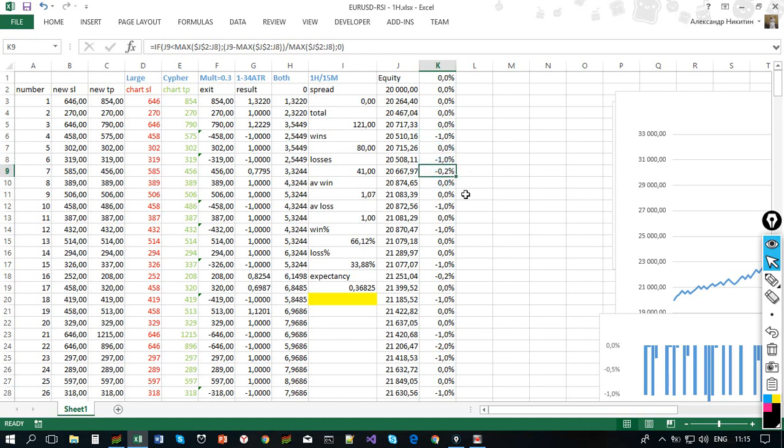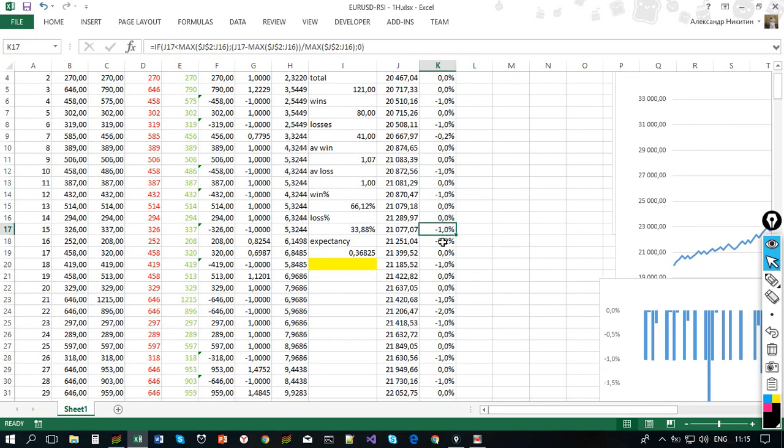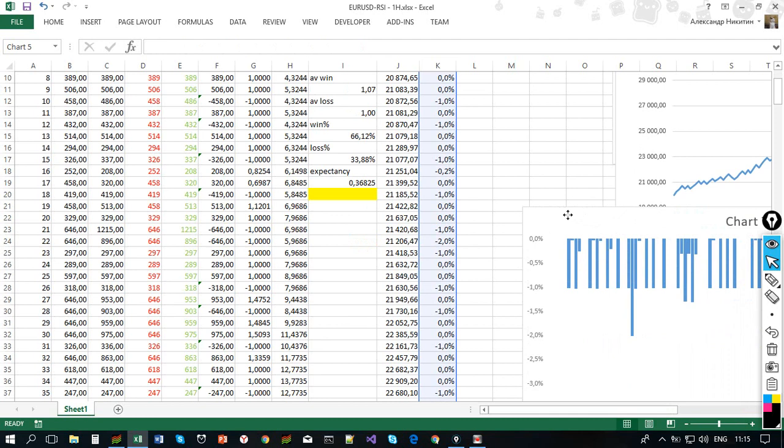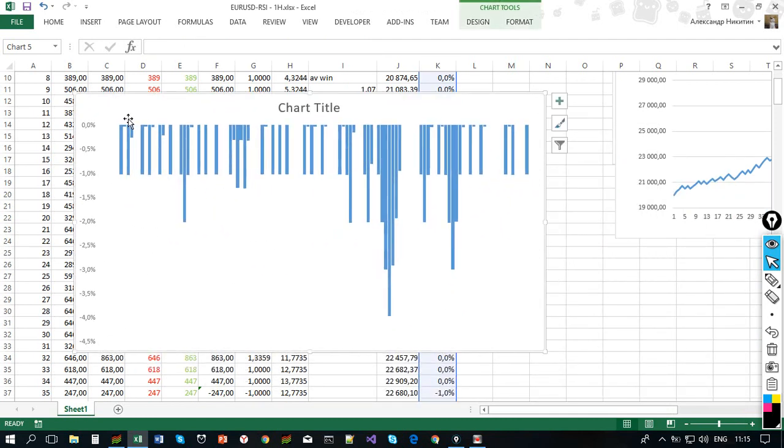And every time we recover the drawdown, it types 0. Every time we start the drawdown, it types -1, -2. Okay, and every time we recover, it types 0, and so on and so forth. After that, I drew this histogram, and it is obviously seen that the largest drawdown is 3.9%.